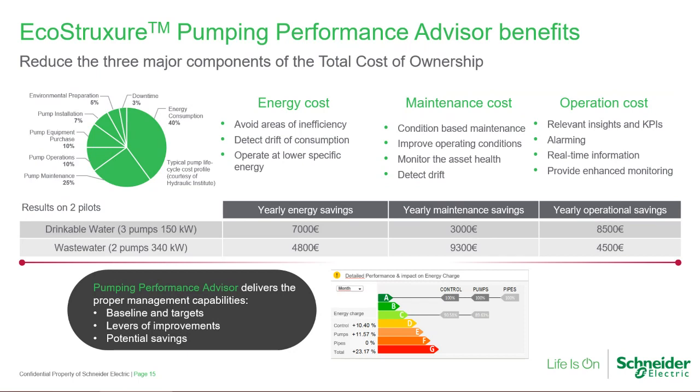If it's been over temperature for a period of time, then we can affect what the life cycle of the system is. And then operational costs relating to insight and KPIs, the alarming, the real-time information, which gives you the benefit of being able to make decisions based on that real-time, data-provided information.